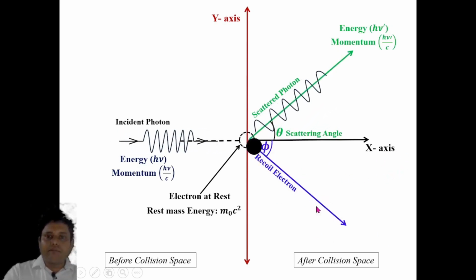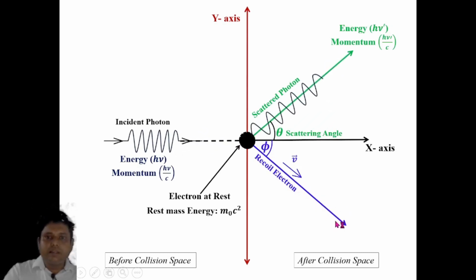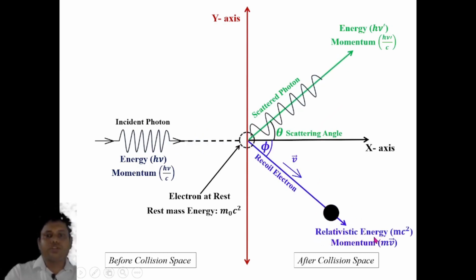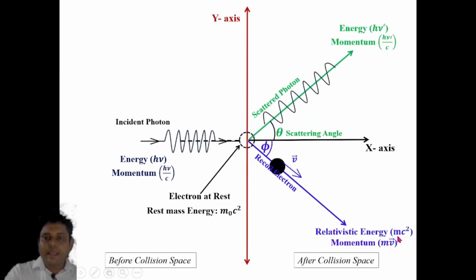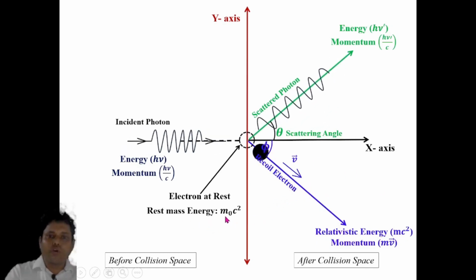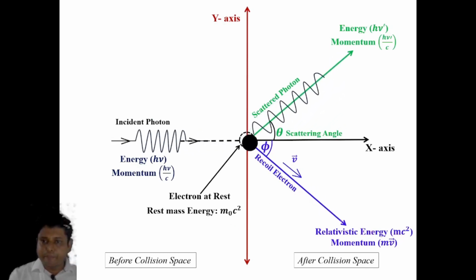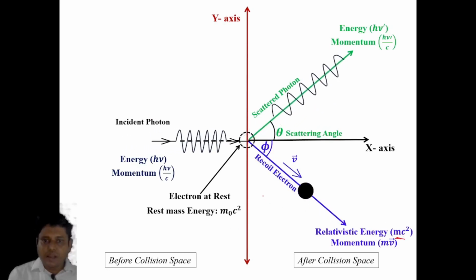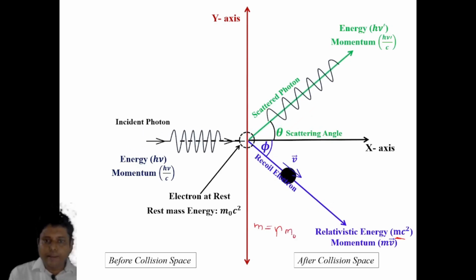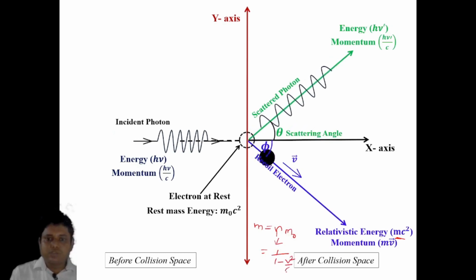After this, when it is recoiled, let its velocity be v. Hence the relativistic energy of this electron will be mc square. Initially the rest mass energy of this electron was m naught c square, here mc square, and here m is the relativistic mass, and we know that the relativistic mass m equals gamma into m naught, where gamma is nothing but 1 by square root of 1 minus v square by c square.